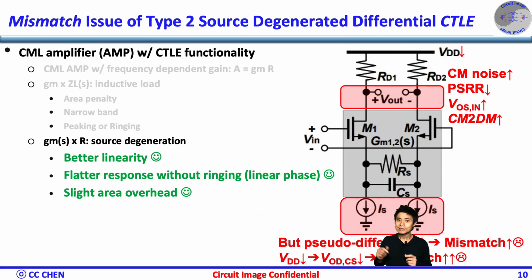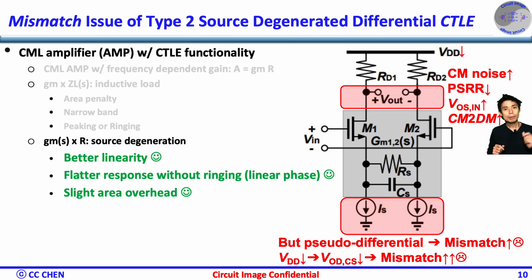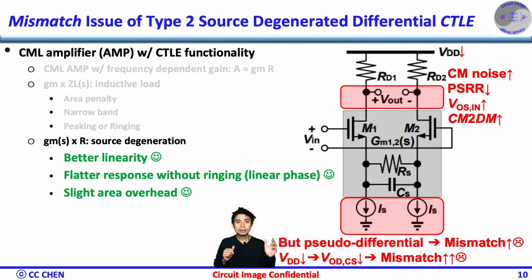Bingo! Since the current source is split into each half circuit without keeping the common one anymore, any mismatch between both current sources would degrade the common mode rejection, such as common mode noise, supply rejection, input DC offset, common mode to differential mode conversion, etc. Also, due to the supply limitation in advanced nodes, the overdrive of the current source would be small and worsen the mismatch issue.